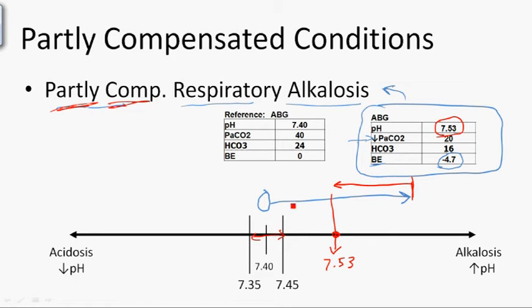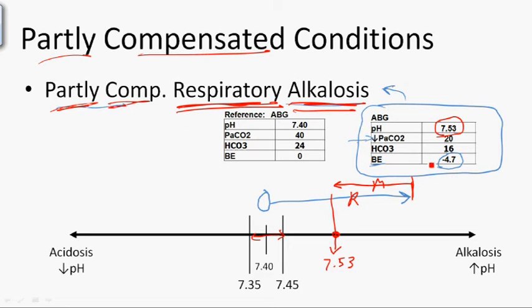Now, the respiratory vector is much larger than my metabolic vector, so that indicates that I've got a respiratory condition. It's an alkalosis because I've got an alkalotic pH. So I've got a partially compensated respiratory alkalosis.